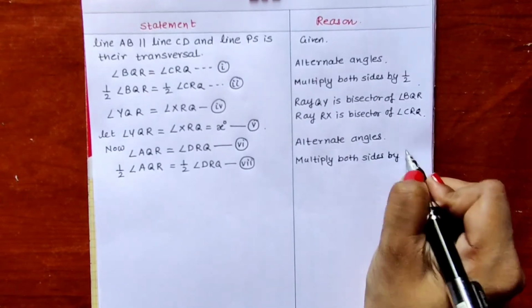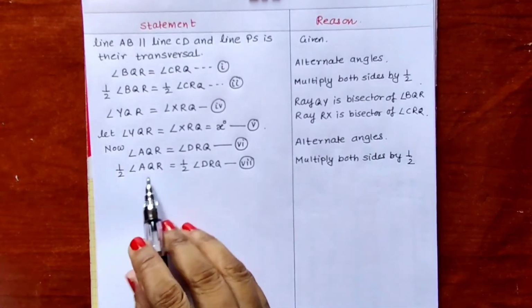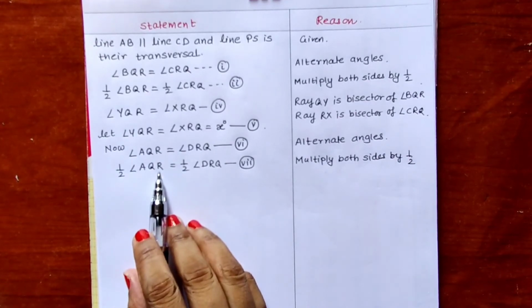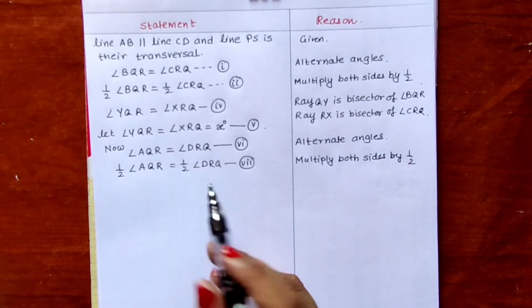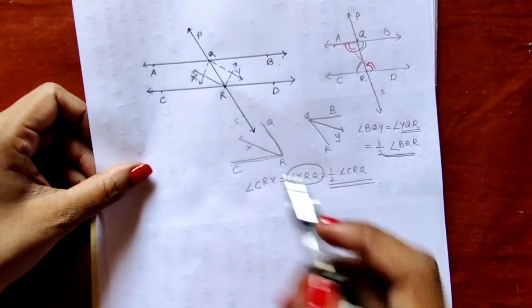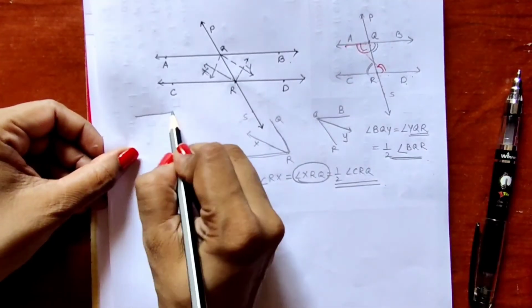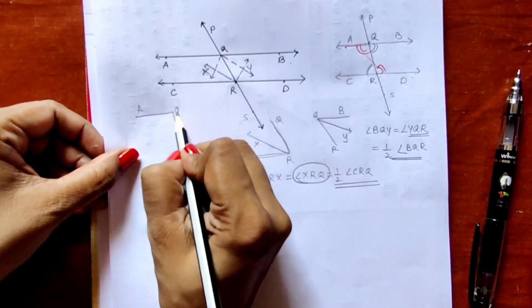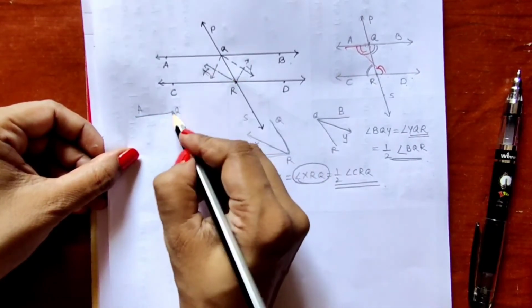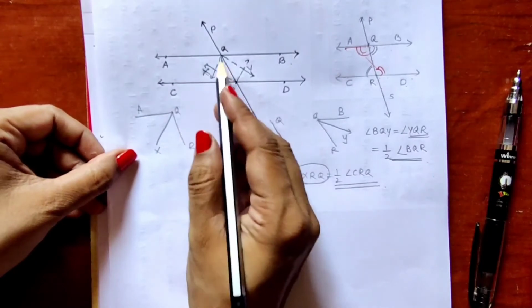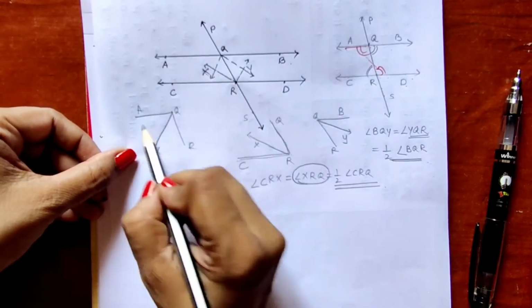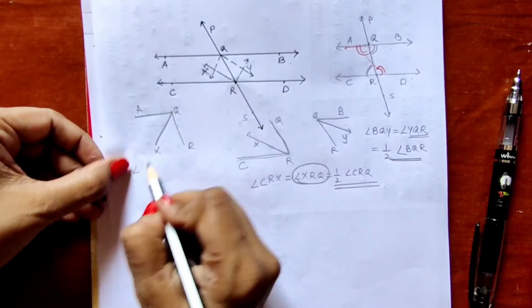By half. Now let us see which is the angle bisector of AQR and which is the angle bisector of DRQ. Okay, so this is angle AQR. Here I am going to draw this angle AQR. AQR bisector is QX. This QX is the bisector, so AQR is divided into two equal angles. Which two equal angles?